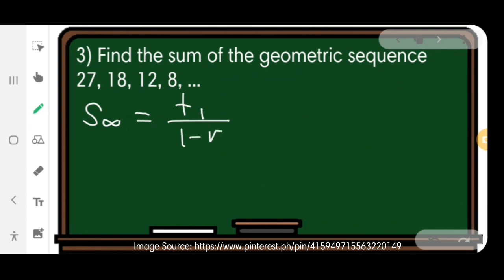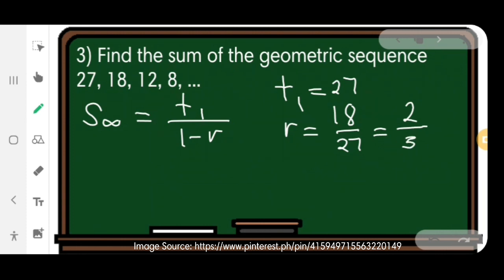Now let us identify the needed values. So t sub 1 is equal to 27. r now is equal to 18 divided by 27, and the lowest term of 18 over 27 is 2/3. So substitute now the values. S sub infinity is equal to 27 all over 1 minus 2/3.